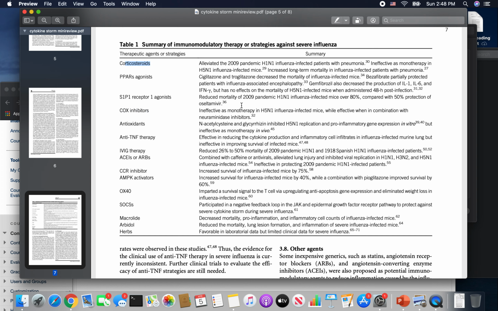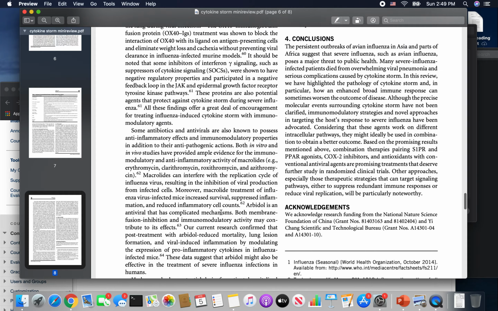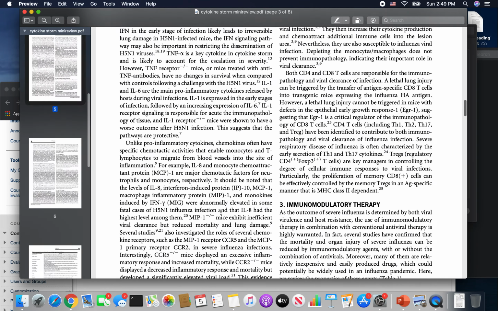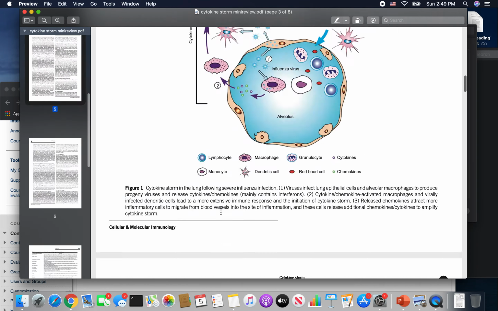Corticosteroids are steroidal drugs that knock down certain parts of the immune system, and so on. You've got all kinds of different things here. TNF, tumor necrosis factor, is one of the proteins released by, I believe, those macrophages, and one of the things that contributes to the cytokine storm. So have a look through, see what you can get out of that. And there's a decent Wikipedia article as well about cytokine storms.